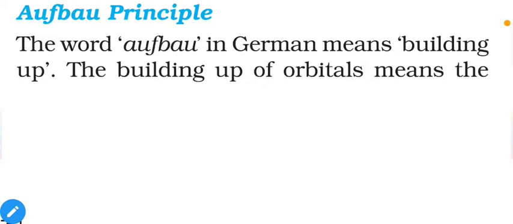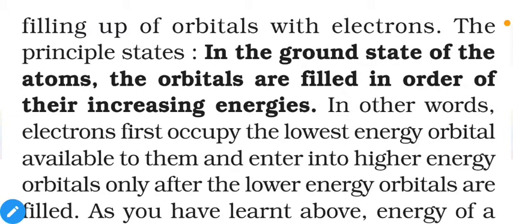Aufbau principle. The word Aufbau is a German word and it means building up. The building up of orbitals means filling them with electrons. The principle states that in the ground state of atoms, the orbitals are filled in order of their increasing energy. We already know about this point.